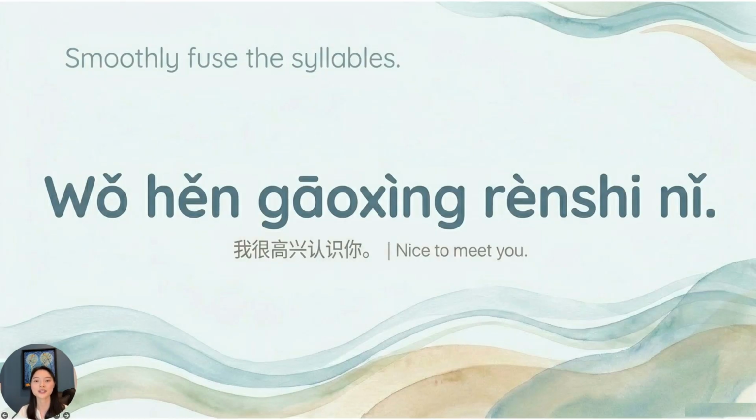The tones are still there in the natural version. They just flow together instead of standing apart.